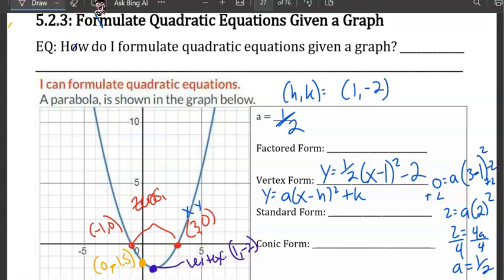Let's find the factored form. Y equals our A again, 1/2. X minus our first 0, so x minus -1, so that's going to be a +1. And then x minus our other 0, which is 3. If you plug those in, -1 plus 1 would be 0, and 3 minus 3 would be 0.